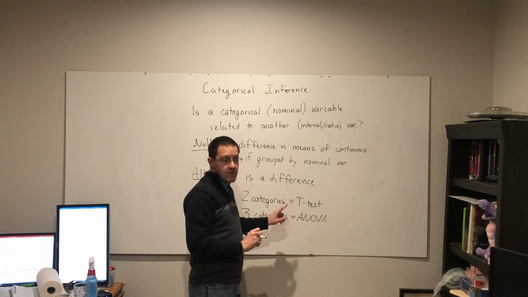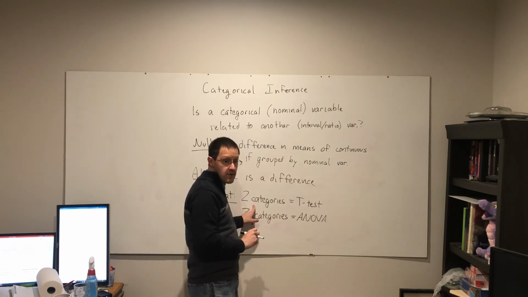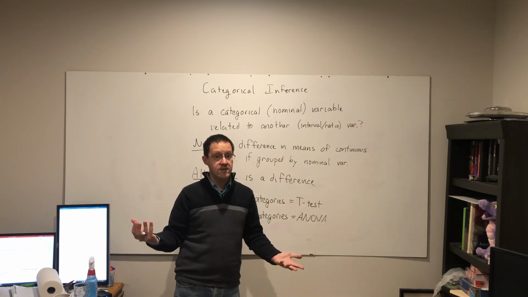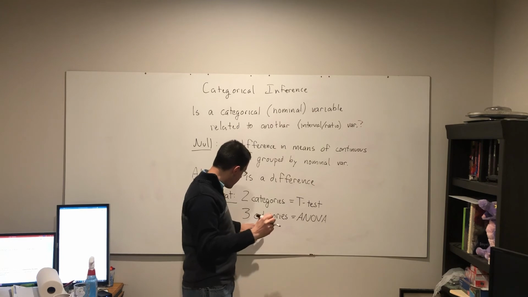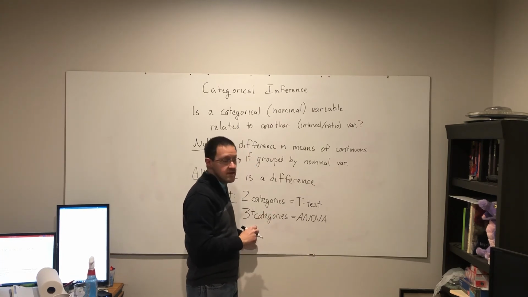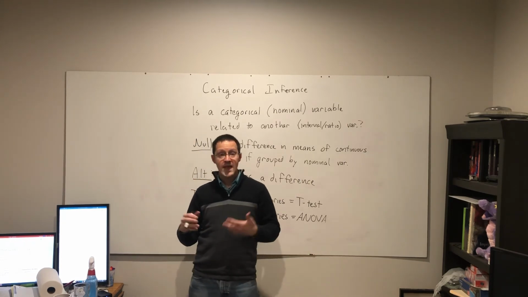There are, in fact, two different tests. If we have two categories, there is a mask mandate or there is not a mask mandate, that becomes a t-test. If we have three or more categories, then we have to use something called ANOVA, which stands for analysis of variance.